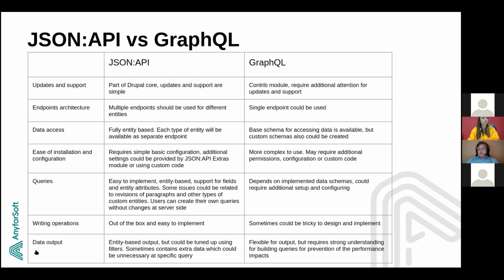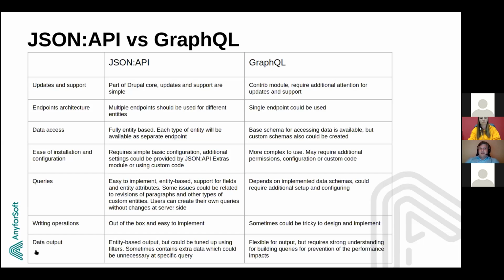GraphQL is a contrib module. It requires additional attention for updates and support because it potentially could have some issues with versions, and when we are doing updates, we should read and check release notes and check the compatibility with Drupal core and other contrib modules.